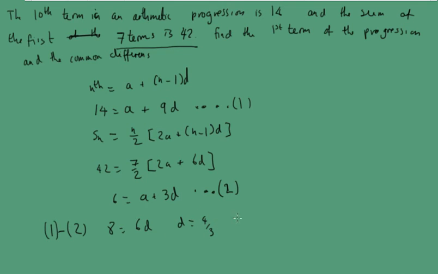And we're going to substitute that back into the first equation. So 14 equals a plus 9 times 4 over 3, and so that will give us a is equal to 2. So our common difference is 4 over 3 and our first term is 2.